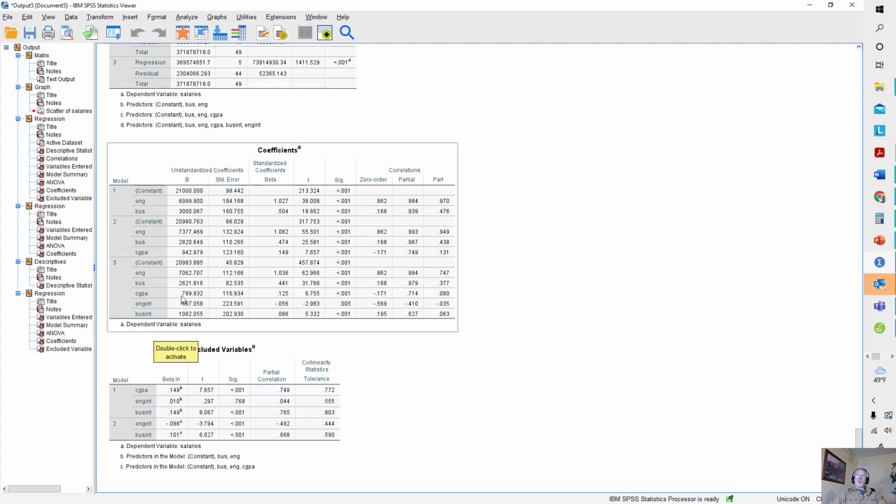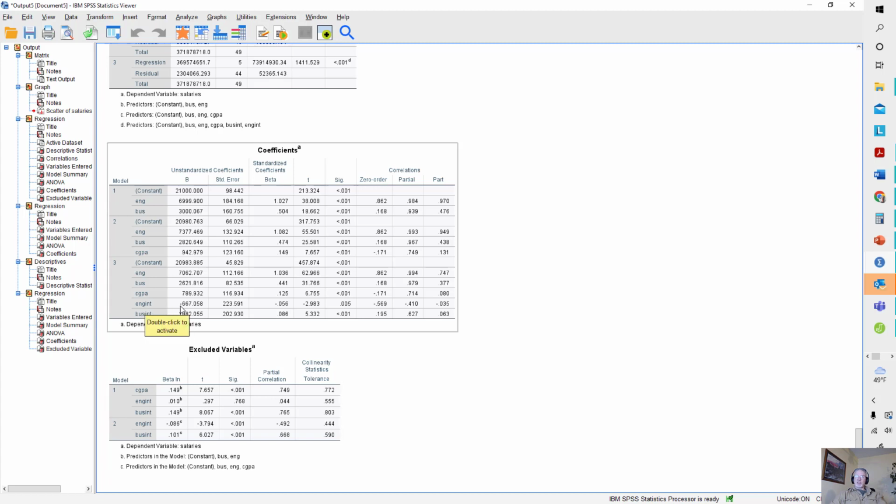If you go up 1 point on GPA, so a 1-point increase from 2.78 would be 3.78, those people are expected to make an extra $789. And that is a significant slope.